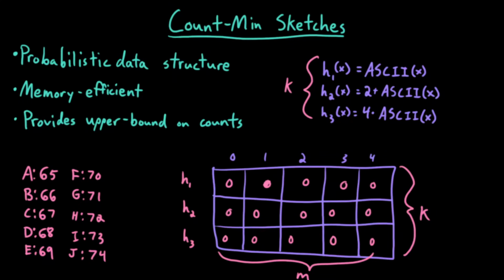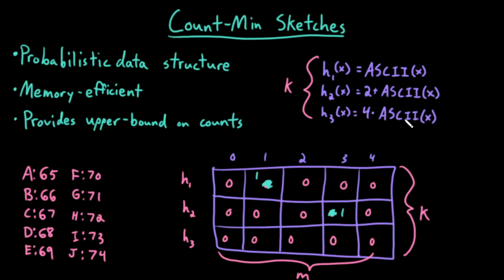So this count is now 1. I do that for every single one of my hash functions. So still on the same insertion, I've still only seen 1 b. I finished the increment with respect to the first hash function. Now I do the second one. 2 plus 66 is 68. Mod 5 is 3. So I go to the hash function 2 row, increment the count at index 3.